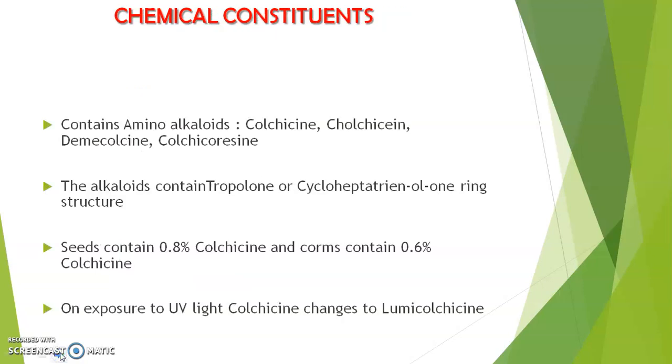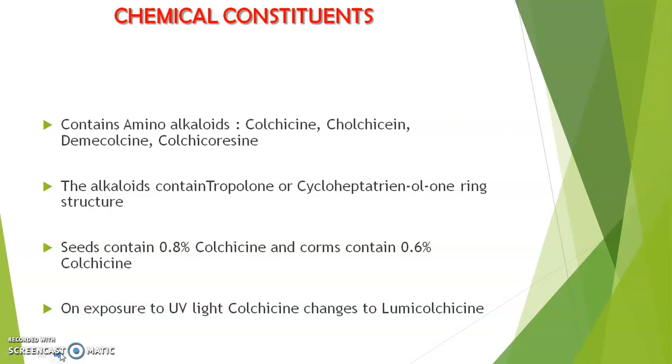Chemical constituent: contains amino alkaloids, colchicine, colchicoside, demecolcine, and colchicine. Alkaloid contains tropolone and cycloheptatrienolone ring structure. Seed contains 0.8% colchicine and corms contain 0.6% colchicine.